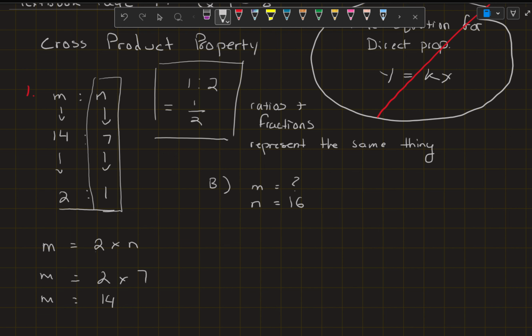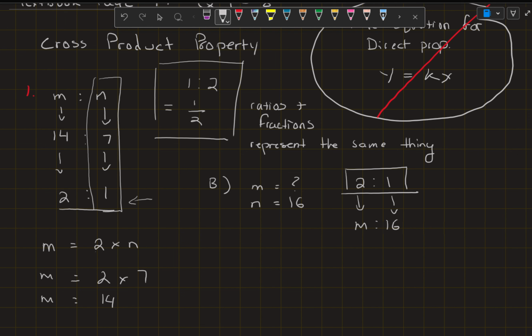So we have our most basic ratio here that we're working with, right? Remember from right here? So we're told that n in this case has changed into 16, and we're missing our m, okay? So we can do this a couple of ways.